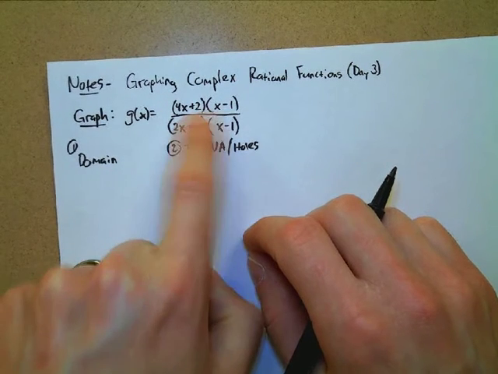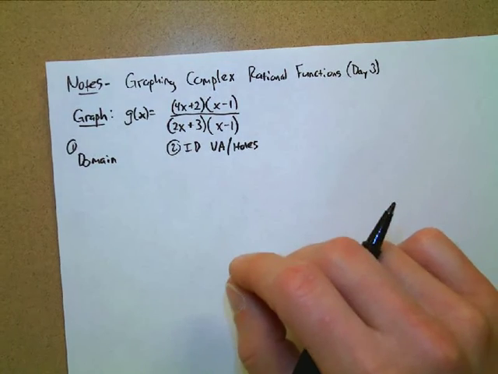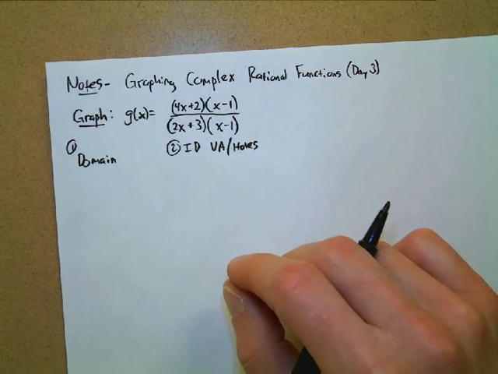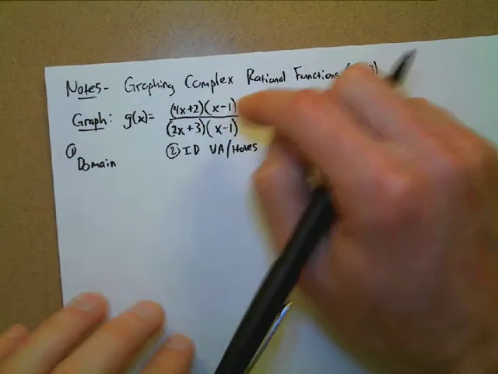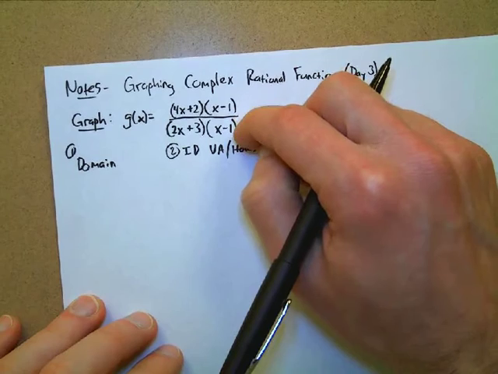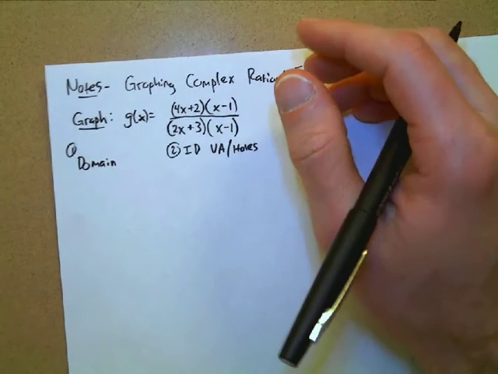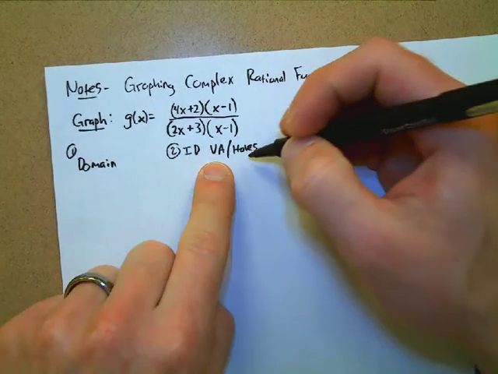We've seen other domain restrictions before, like with square roots, because we don't want to take the square root of a negative, but there are no square roots here. The domain restrictions are going to come from dividing by 0. Any of those numbers we want to exclude from our domain, and then those exclusions will become, again, vertical asymptotes or holes in our case.